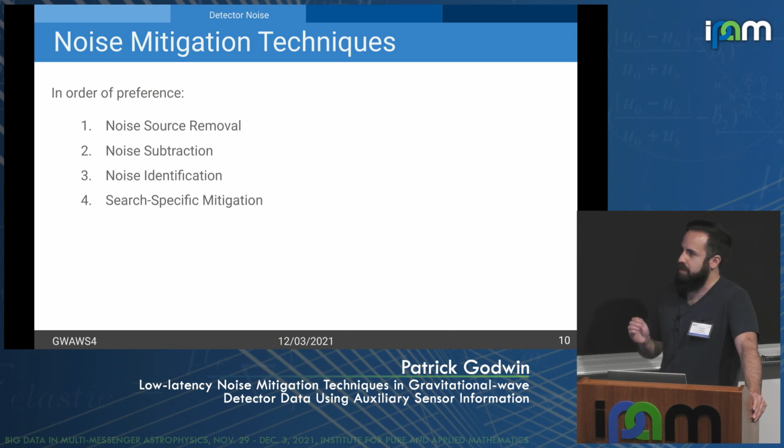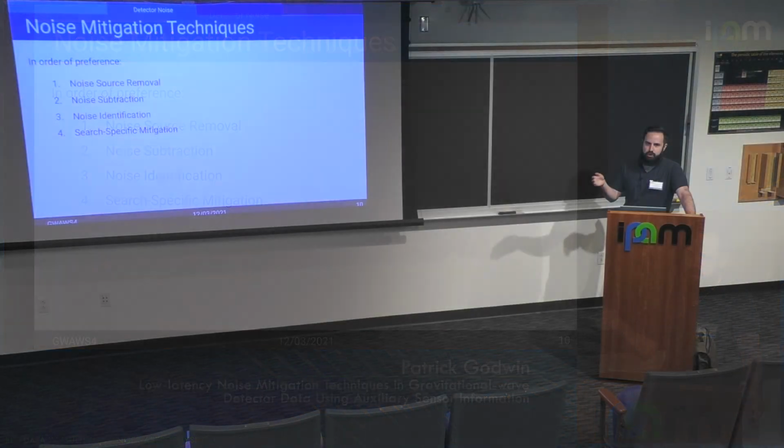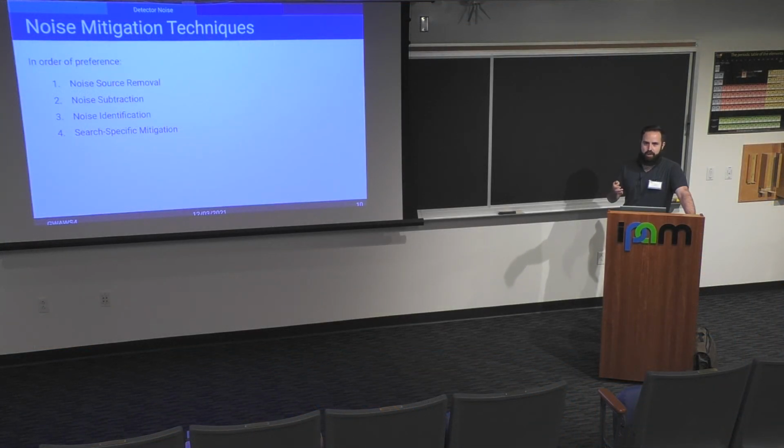After that, we could deal with subtracting the noise coherently. For example, Gabriela's talk was about removing these sources of noise from, for example, signal recycling cavity noise, or some of these 60 hertz sidebands.